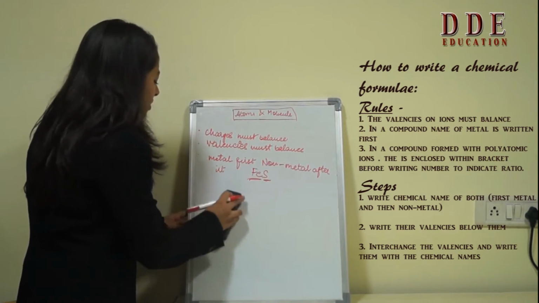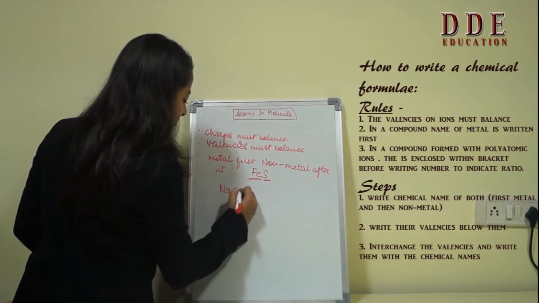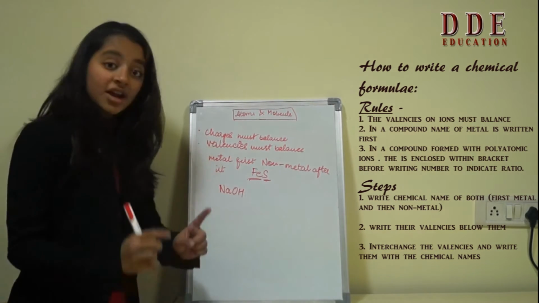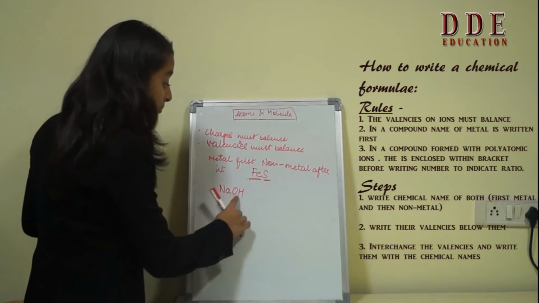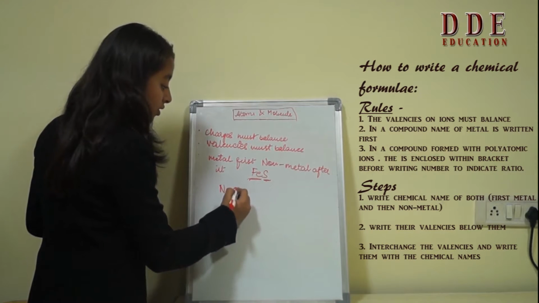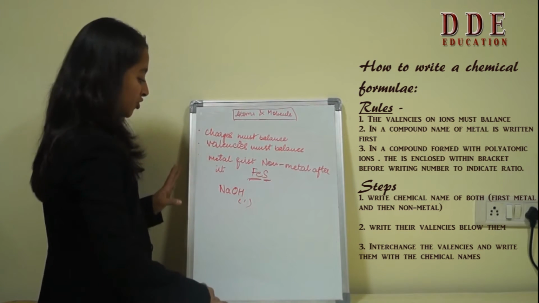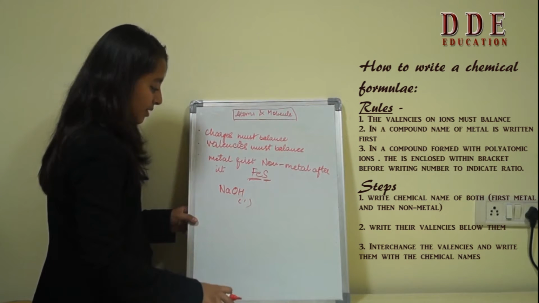Let us take an example, NaOH. In this there is only one polyatomic ion, one ion of both. So we won't write a bracket here or a 1. It is not required. If it's 1, then let it be.